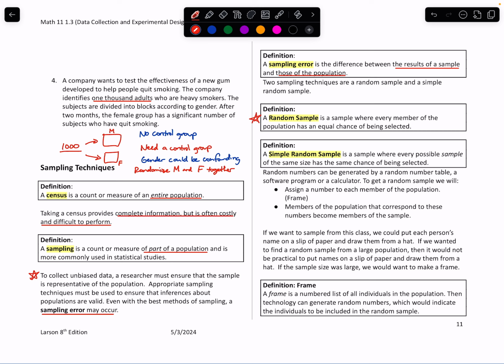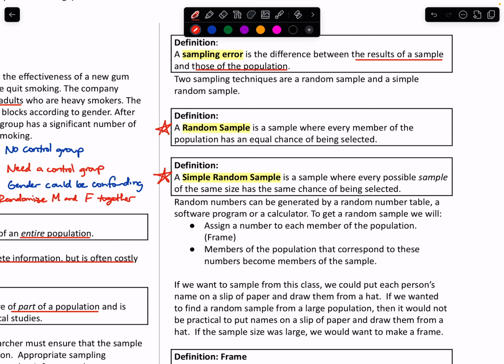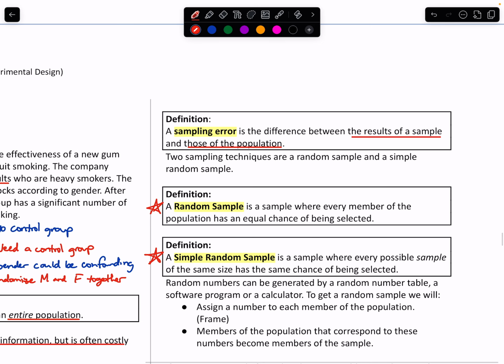Okay. Now, a simple random sample, a little bit different, is a sample where every possible sample of a specific size has the same chance of being selected. Okay, so if there's 8 people in the class, and I'm trying to pick a sample of 2, I could have 1 and 2, 1 and 3, 1 and 4, 1 and 5, 1 and 6, 1 and 7, 1 and 8.